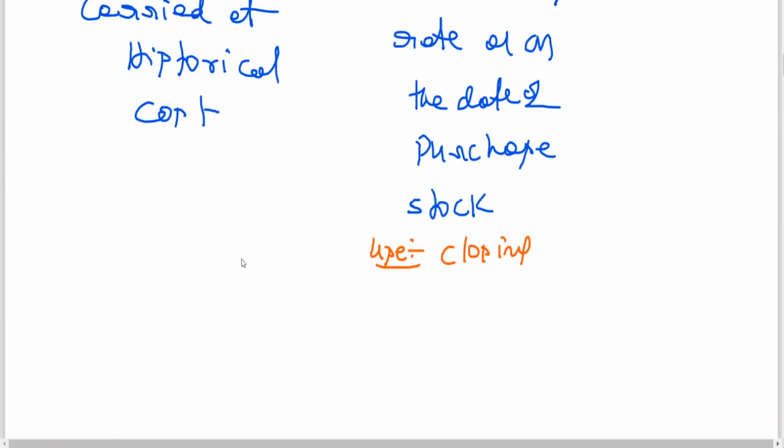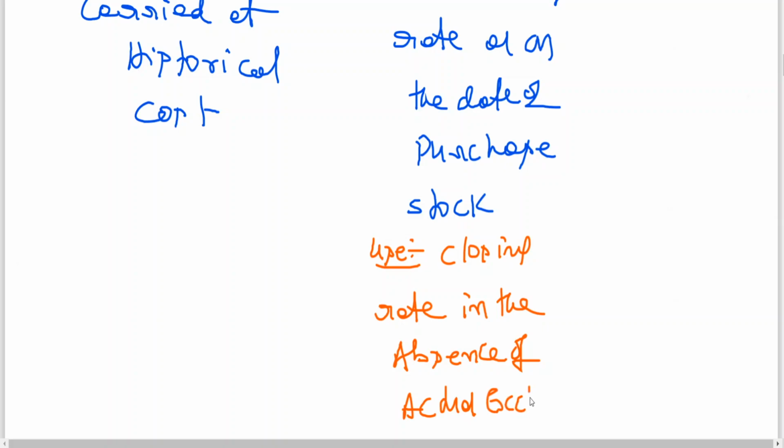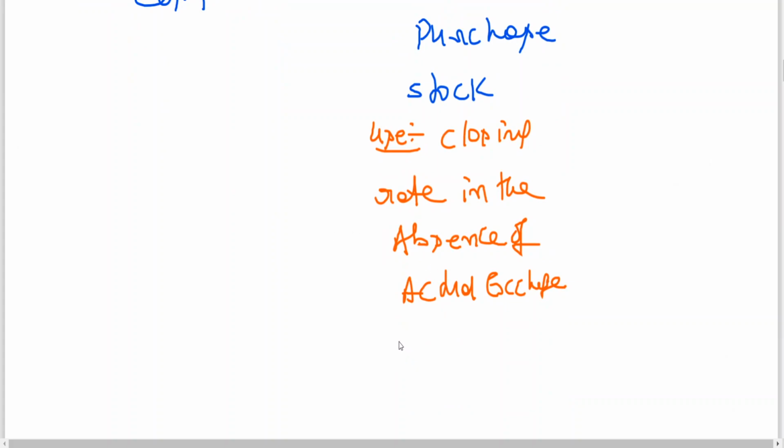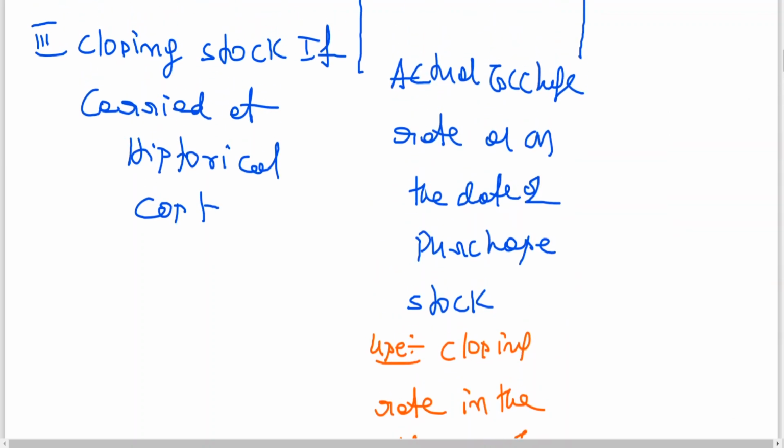Now use closing rate in the absence of actual exchange rate.